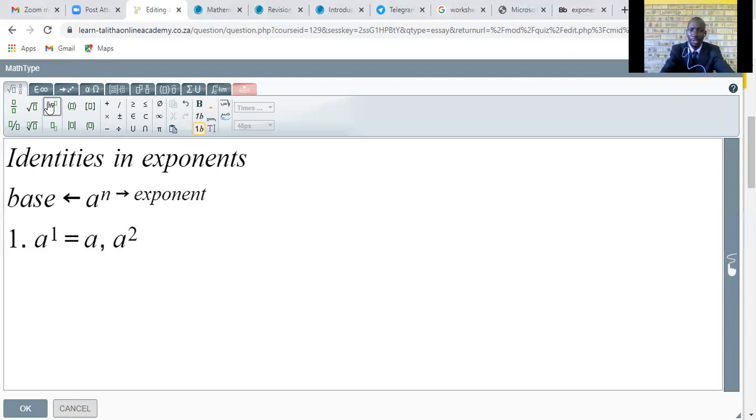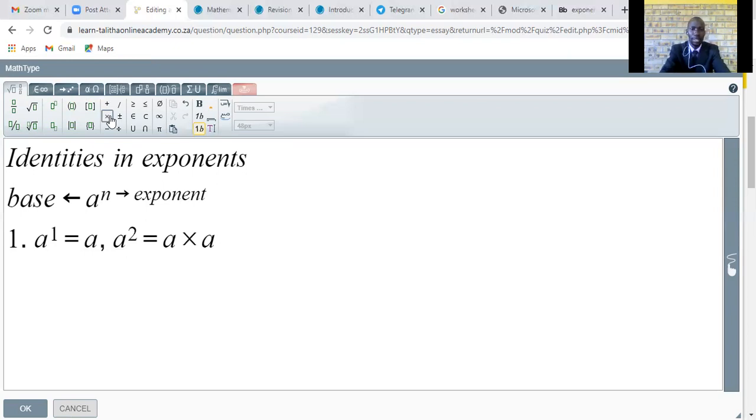Now, according to the definition that we have just seen, A with exponent 2 means A must be multiplied by itself 2 times. So we will be having A times A, like that.